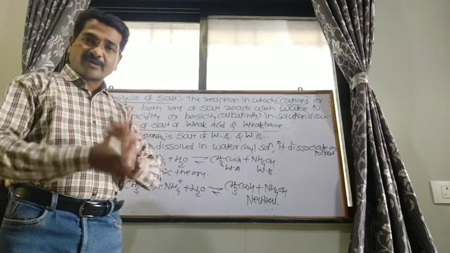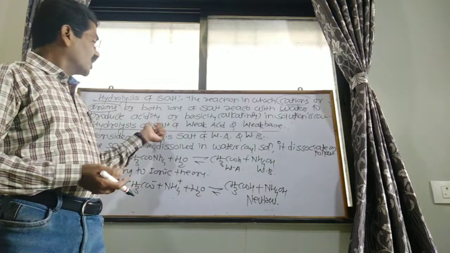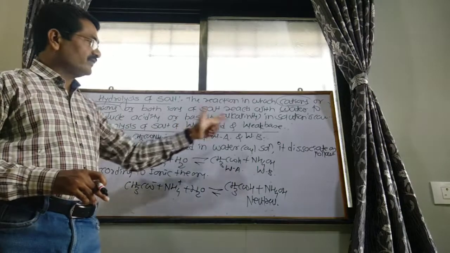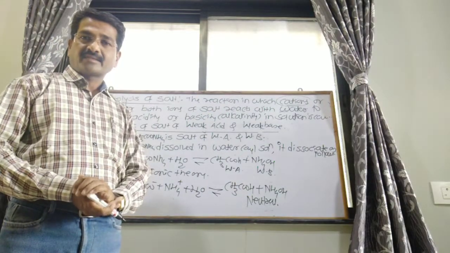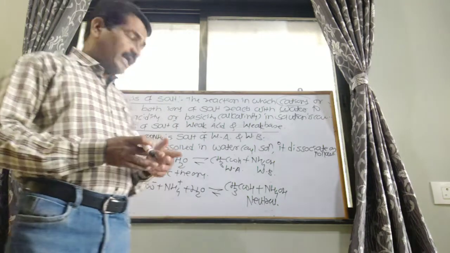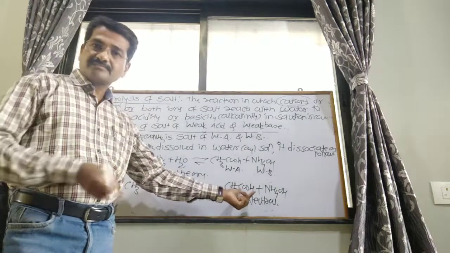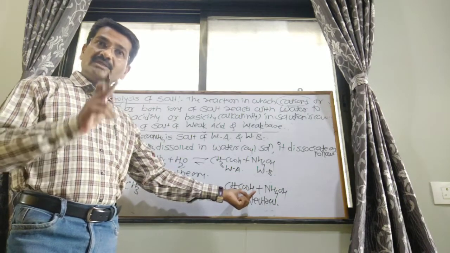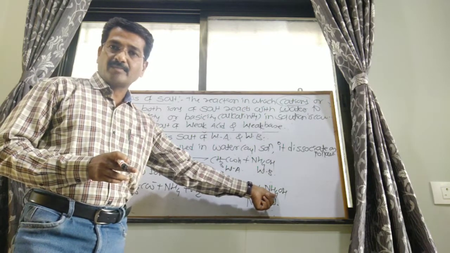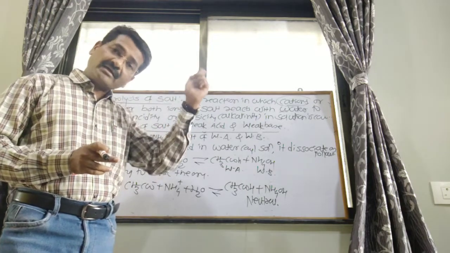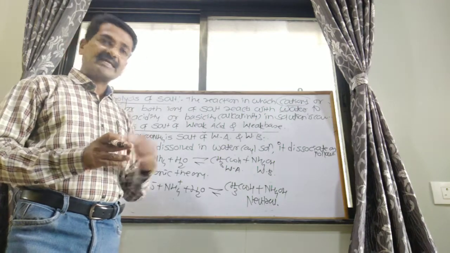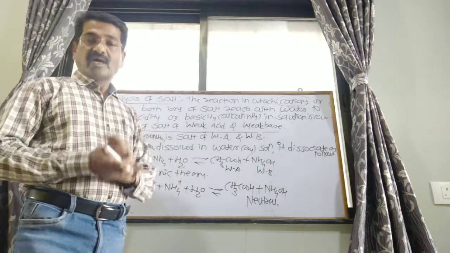But understand this point. For hydrolysis of salt of weak acid and weak base, depending upon the relative strength of the weak acid and weak base, the nature of the solution is decided, that is acidic, basic or neutral.